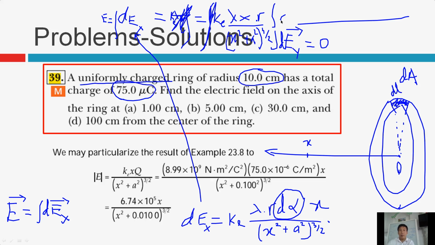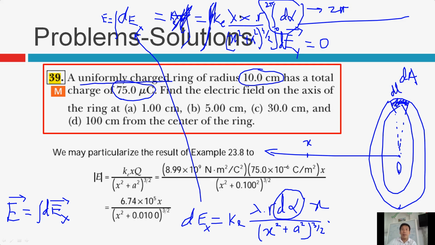Integrate d alpha, and d alpha from 0 to pi, right? This means that you have 2 pi, with all of this integral equal to 2 pi.